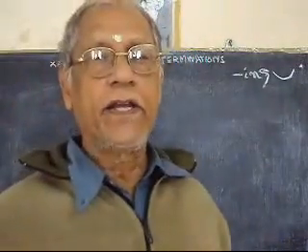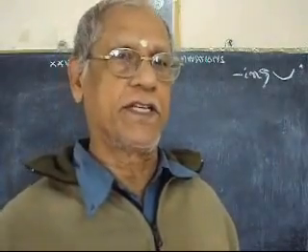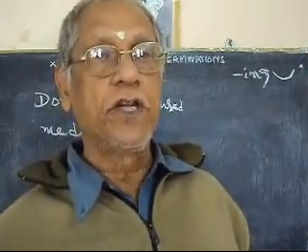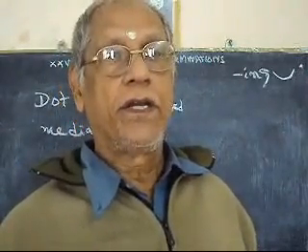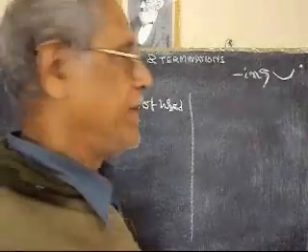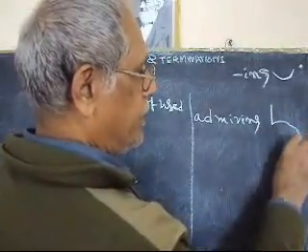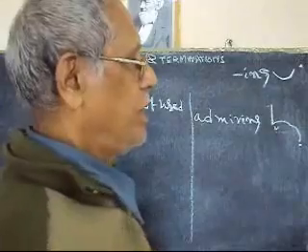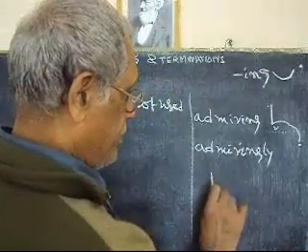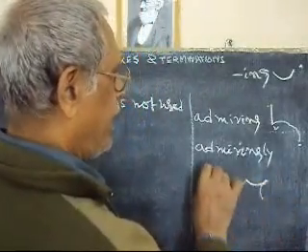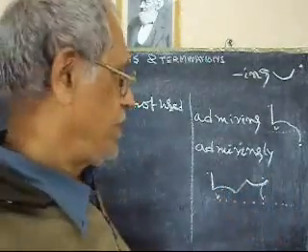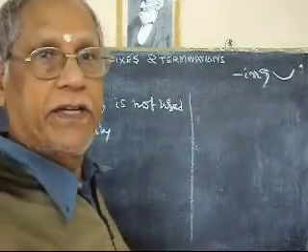But dotting cannot be used in certain circumstances. Dotting is not used medially. If ing comes medially in a word, it should be represented by the stroke only. Admiring: you can put dotting after downward R. But admiringly, you will have to use stroking only.